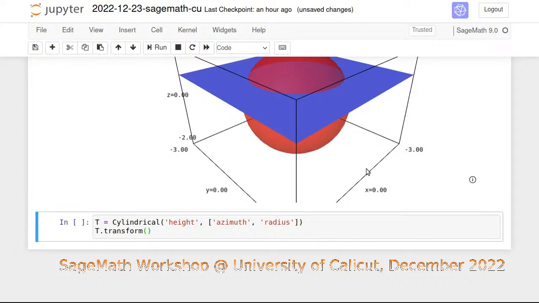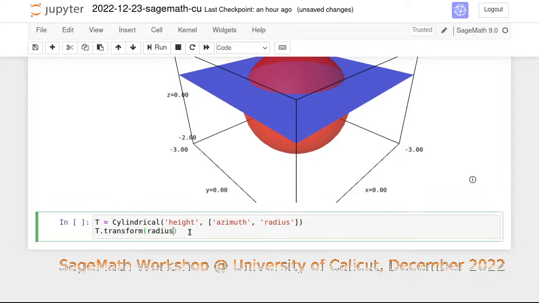Spherical, cylindrical we need. So let us take one good example for that first of all. So let us transform.